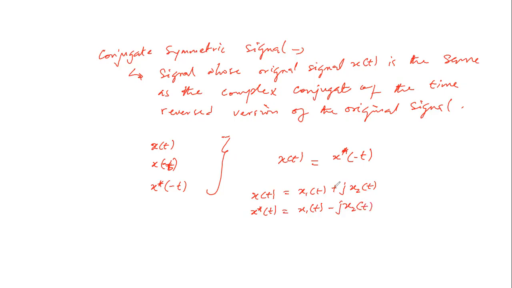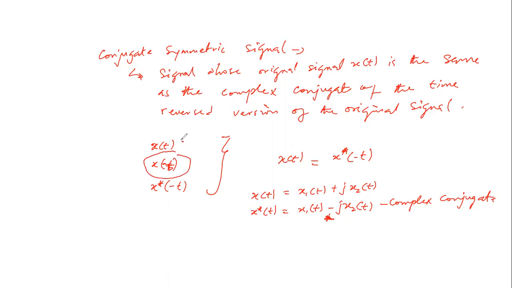This is the complex conjugate, not the conjugate symmetric. At this point the sign of the imaginary component changes.